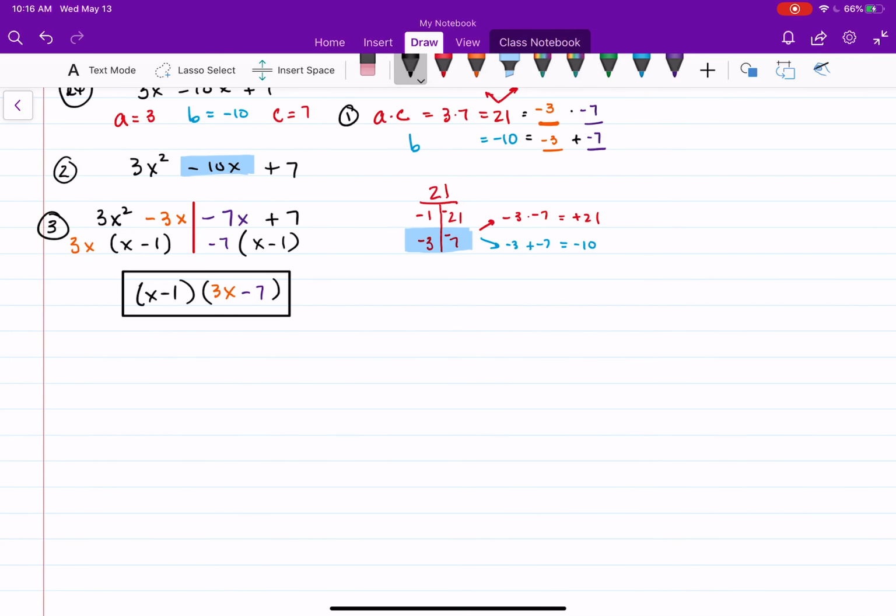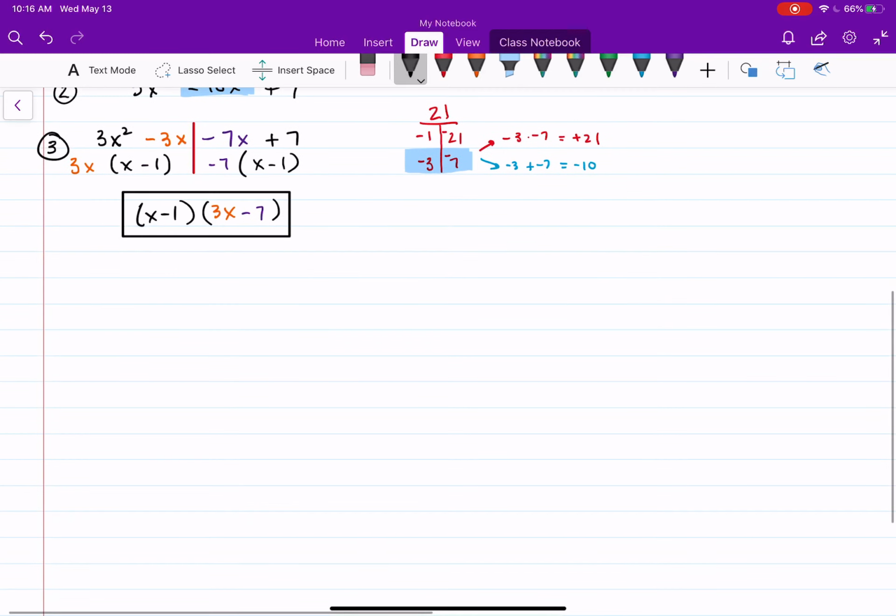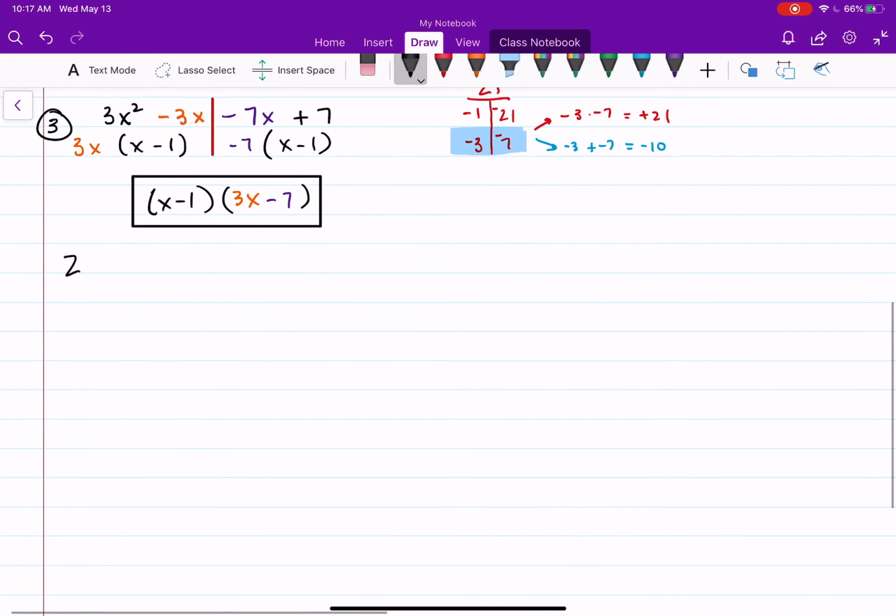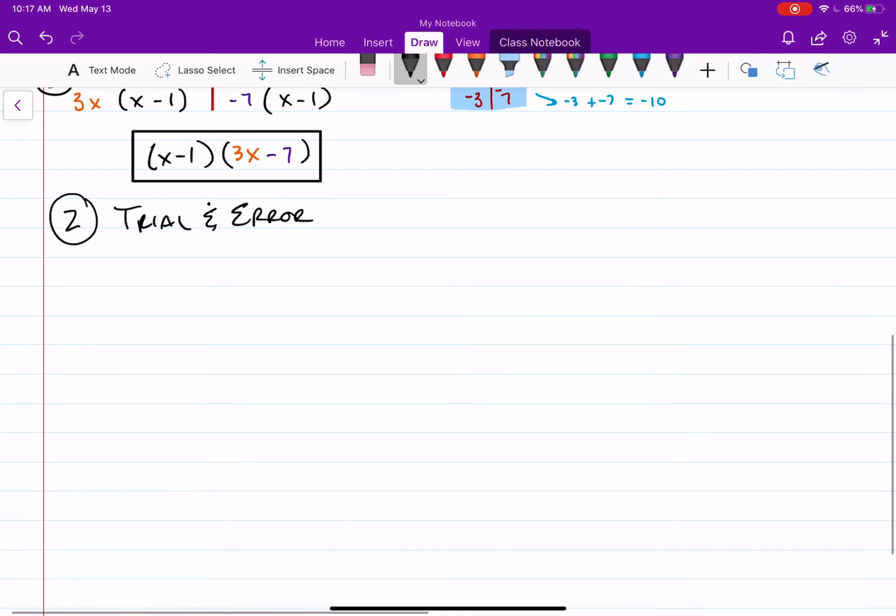Okay, so let's do this. So the second method is called trial and error, okay?